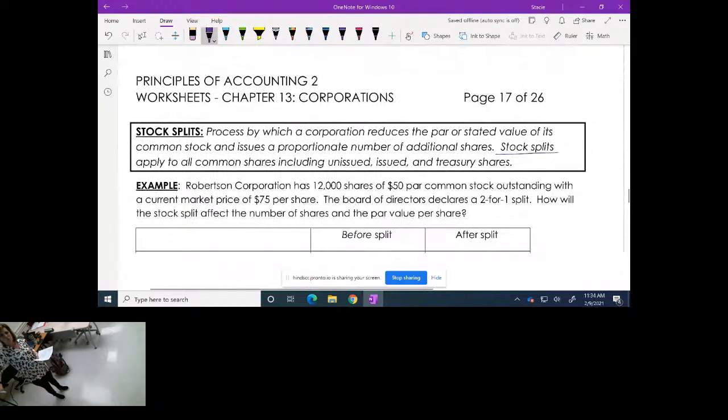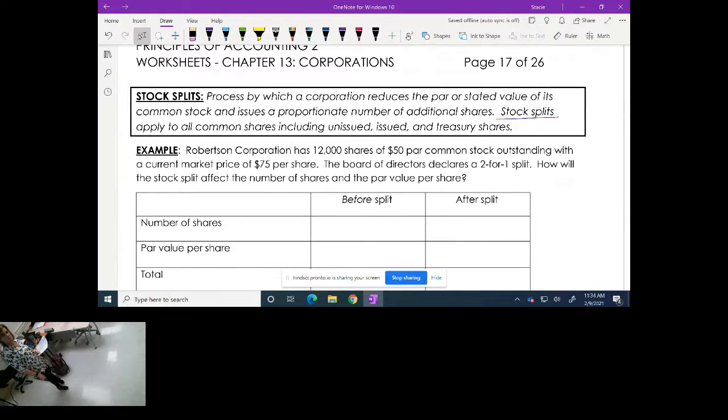All right, so stock splits. A corporation may use stock splits to reduce their market price, like if their market price is too high, or they might do it to reduce par. There's a variety of reasons, but it's quite normal and common to see companies issue stock splits.